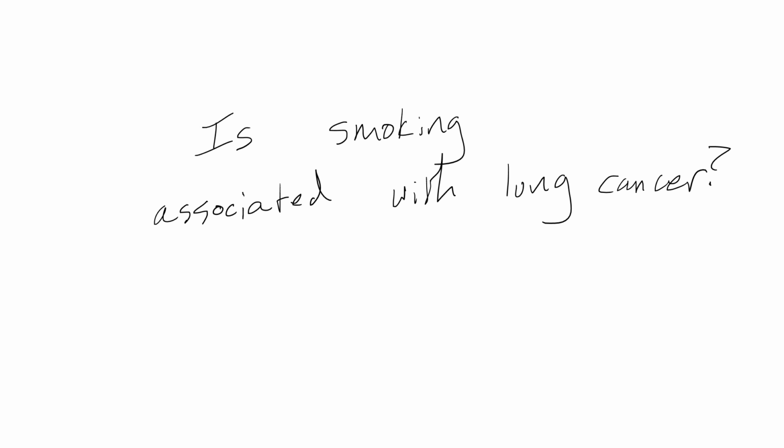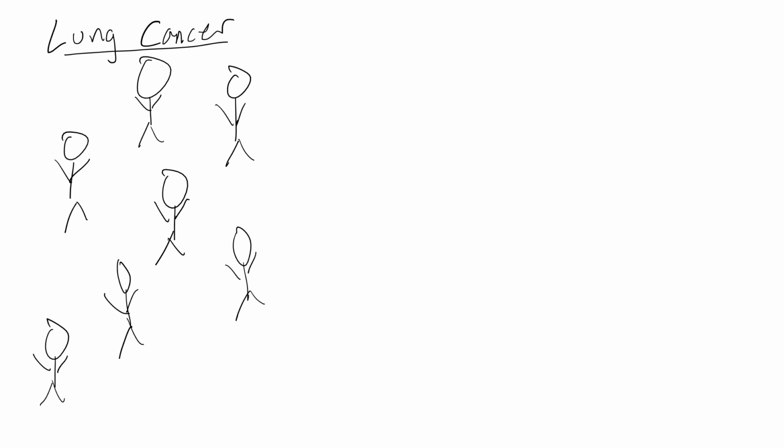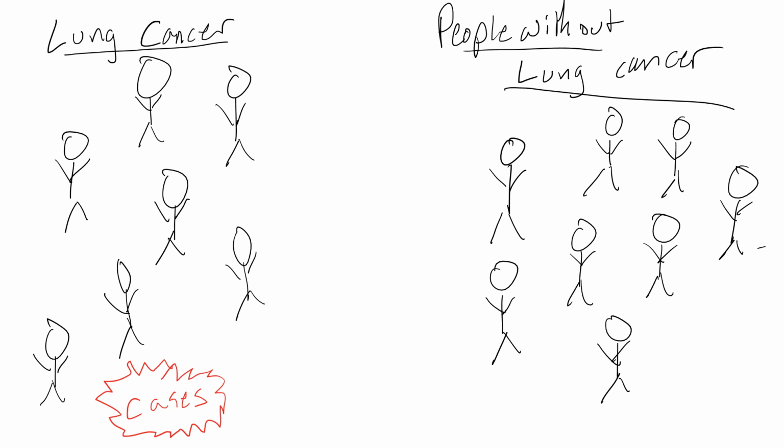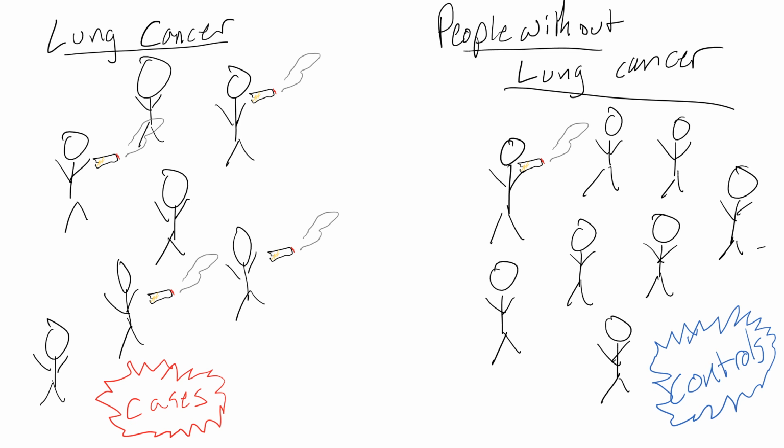For example, say we want to know if smoking cigarettes is associated with lung cancer. We find a group of people that has lung cancer. These are our cases. Then we find a group of people without lung cancer. These are our controls. We then ask everyone in the study whether or not they have a history of smoking, which is our exposure.